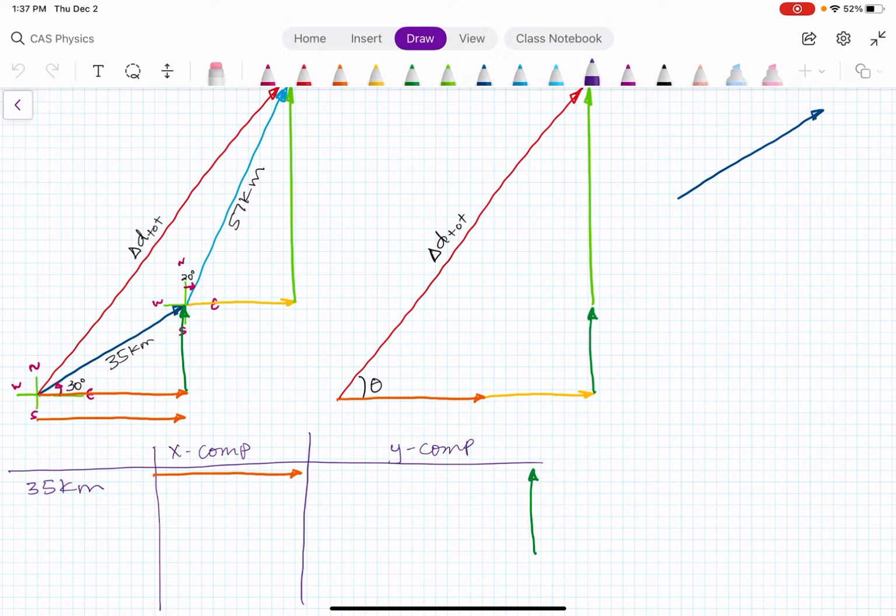This is found by adding these two components. Okay, so this is what I'm going to be solving. And I know the angle here is 30 degrees because that's what it says in the problem.